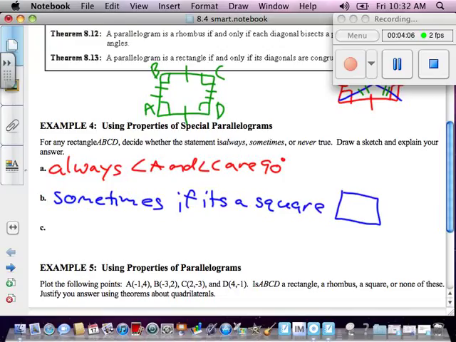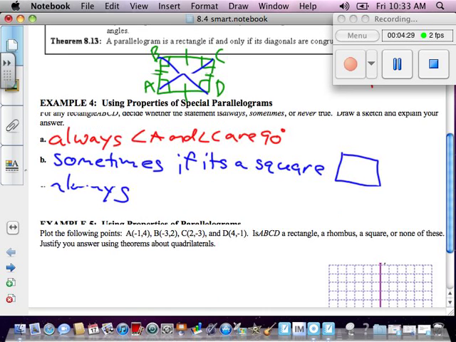Sometimes, always, or never? Always. Because what does it say right here? A parallelogram is a rectangle if and only if the diagonals are congruent. They do also bisect, but they are congruent.